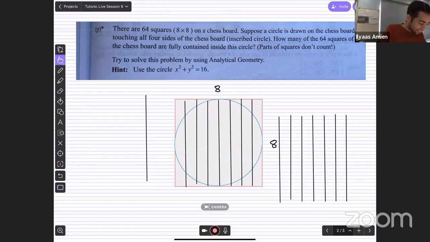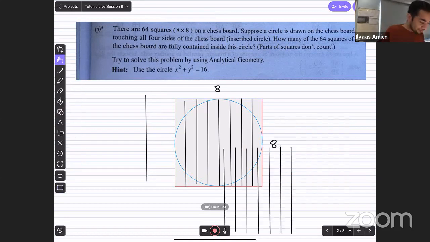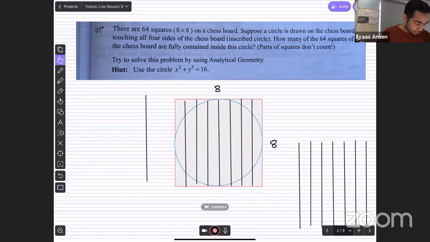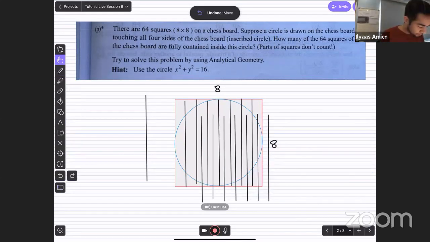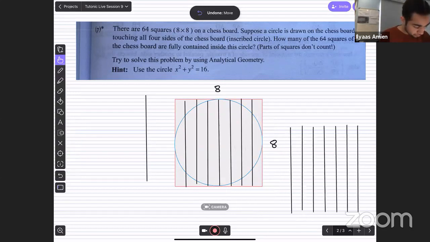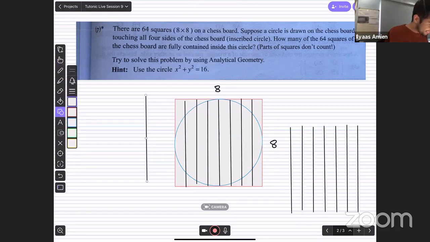I'm moving it, but the screen is just being a bit slow. This is annoying. Let's just try with one, and turn it like that.